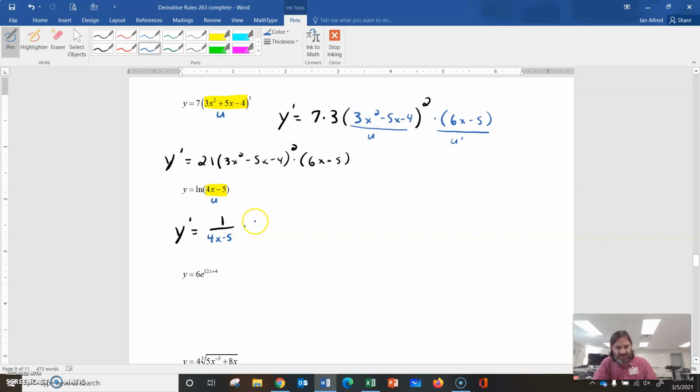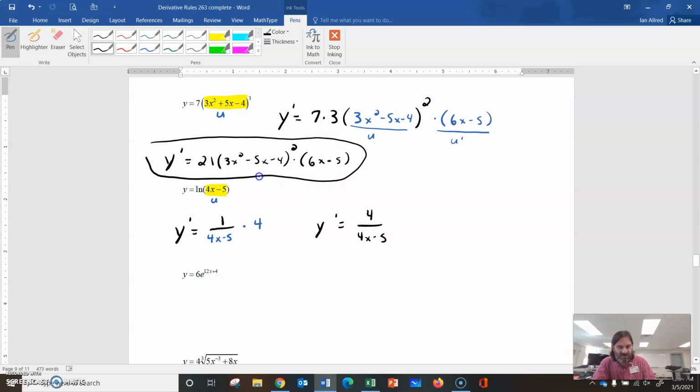And then we'll put a u prime on the outside, so times 4. That'll look a little bit better if I clean it up, as y prime equals 4 over 4x minus 5. All these might be able to have some adjustment as far as cleaning up, but it's not necessary. But you can see in here the original u and the u prime.